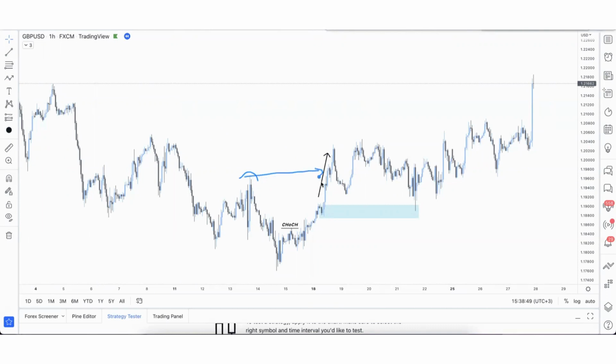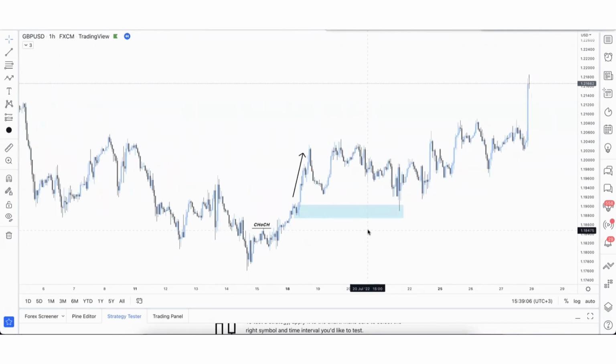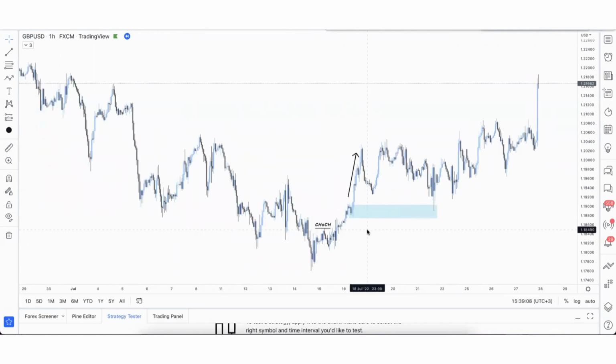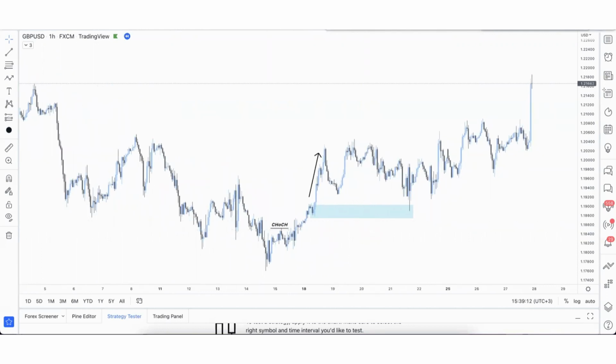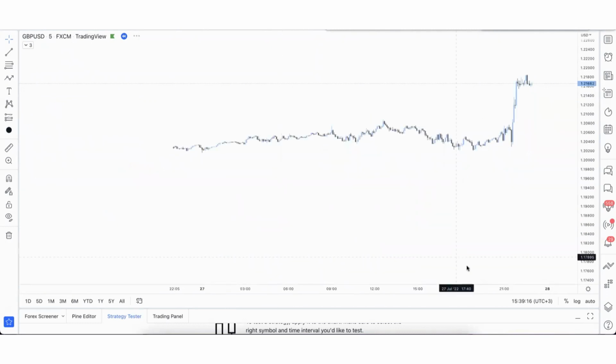After breaking this high, there's this last candle here that caused the break. We wanna make sure that this is really in a reversal structure because overall we are still in a bearish trend. So we wanna make sure in a lower time frame that it is in sync with our bias.